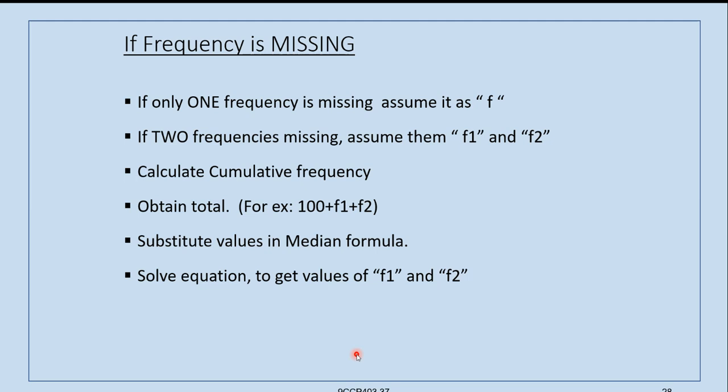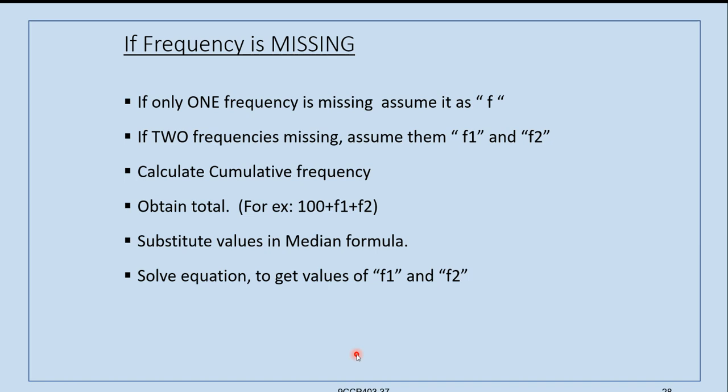Steps we will see. We can come across when one value of the frequency is missing or when two values of frequency are missing. Here we can assume any variable, that is f, a, b, c, any alphabet we can assume, but since missing frequencies are there, it is relevant to take f.